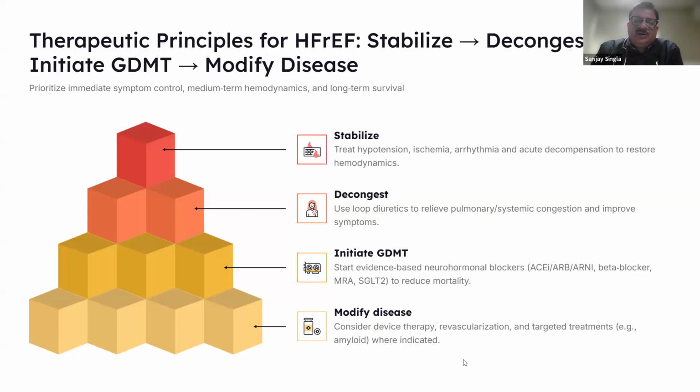Then decongest, you use loop diuretics. If the patient's NT-proBNP is increased quite a lot, to the tune of 15,000, 20,000, we have to offer IV loop diuretics so that patients can be decongested. Loop diuretics are not a part of GDMT, but they are the first drug to decongest the symptoms.